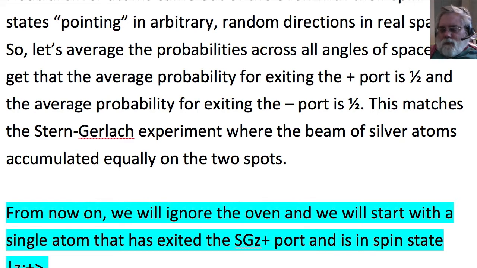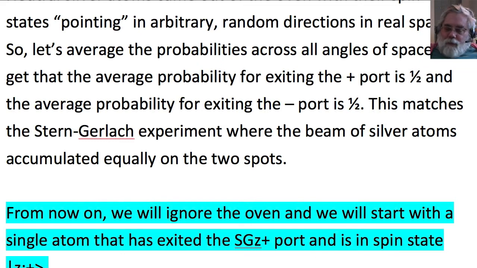But if we were to actually use detectors instead of silver atoms accumulating on a glass plate, if we were to use electronic detectors and run 1,000,000 atoms through the experiment, we would find that we get about 1/2 detected at the plus port and 1/2 detected at the minus port.